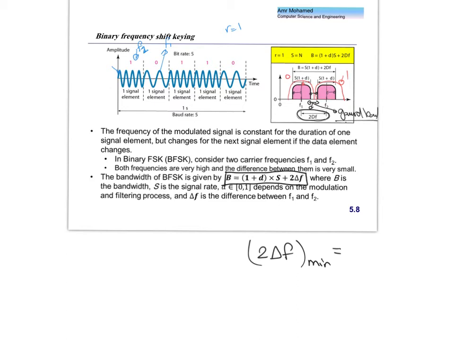Between F1 and F2. F2 minus F1 is 2 delta F. What is the minimum value for the difference between F2 and F1?